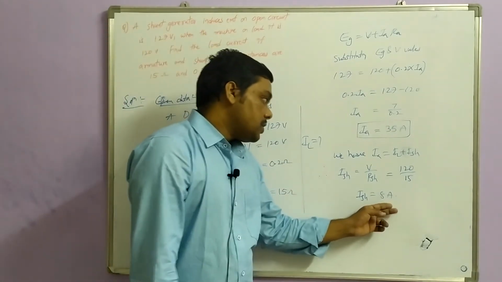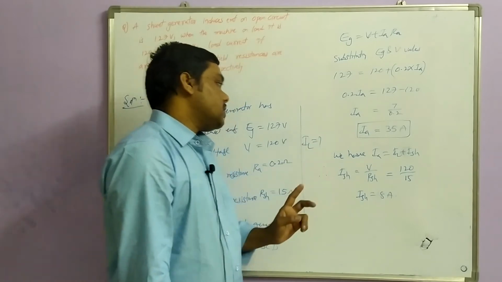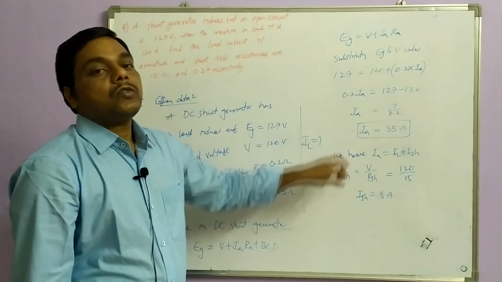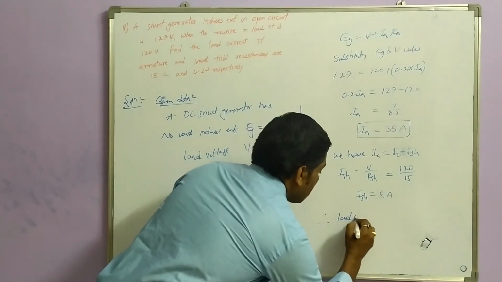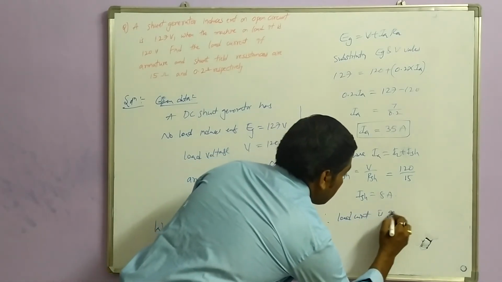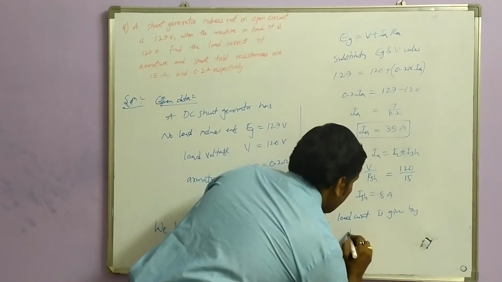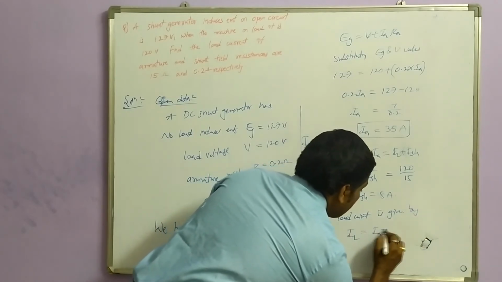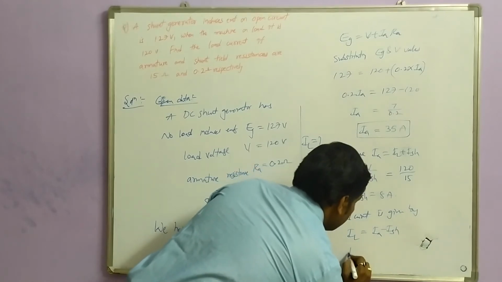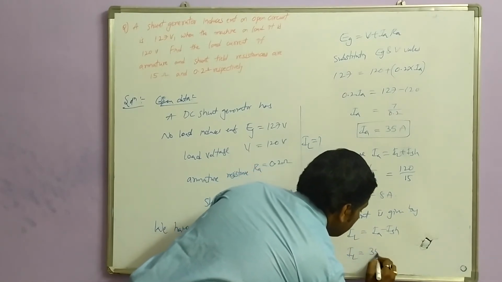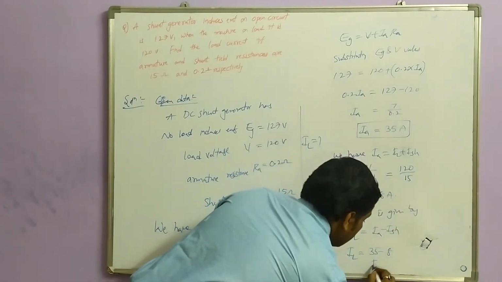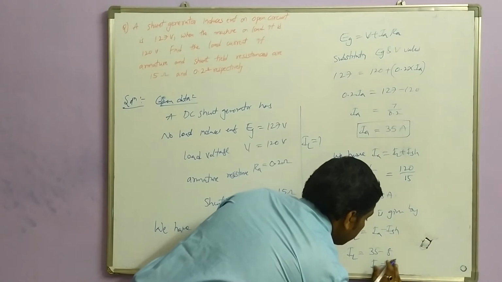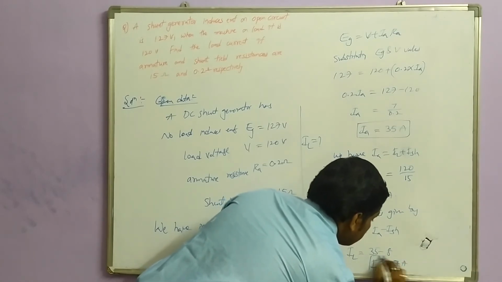Now shunt current is determined and you have the armature current. So what is the load current? Therefore load current is given by IL is equal to IA minus ISH. So IL is equal to 35 minus 8. Now IL is equal to 27 amperes.